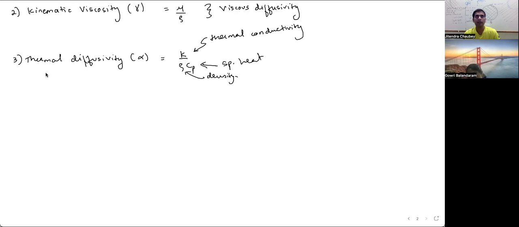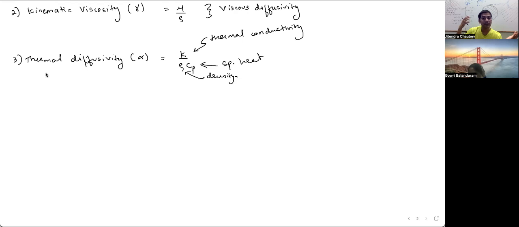If a fluid has the function of carrying heat from one place to another, it is like a truck that transports material from one point to another. Diffusivity is like how easily the truck is getting loaded. If it can easily load the material, only then can it transfer from one place to another.